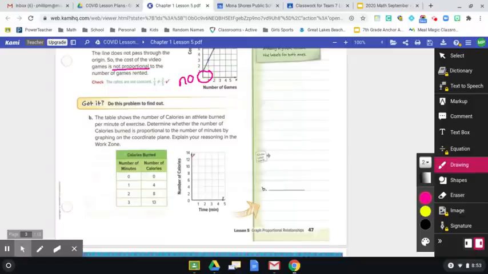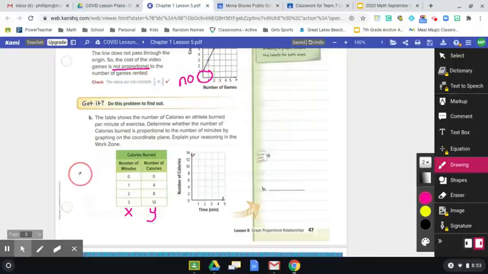Notice the way the graph is labeled. Time is on the x-axis, and number of calories is your y-axis. So that means this first column is your x value, and that second column is y.